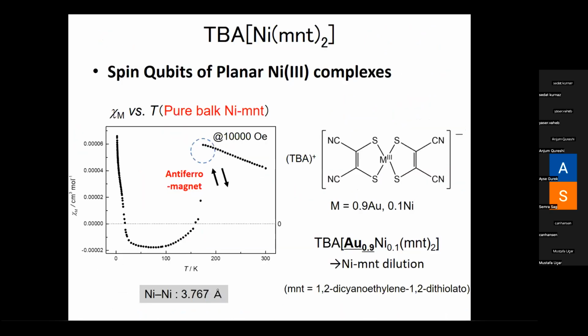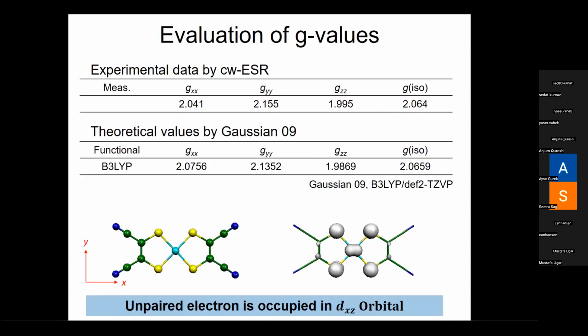So then, and also nickel MNT. This is a planar structure, but you can see diamagnetic, paramagnetic, and antiferromagnetic interaction. Then we dope the nickel compound into the diamagnetic gold compound. So then you can see the unpaired electron is in a d-square orbital, a different orbital from the octahedron.